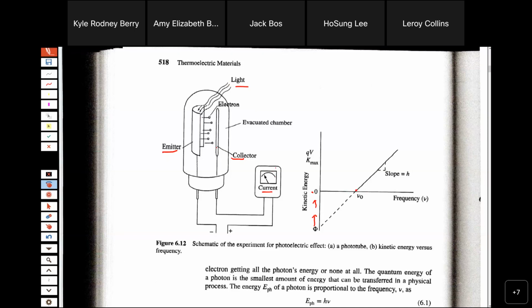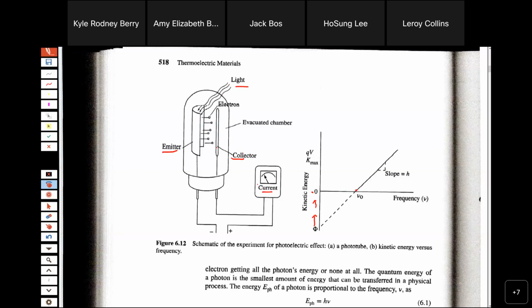Why does some light not do anything, but other light releases electrons? If electrons are moving, we know that's current, and we can measure it.